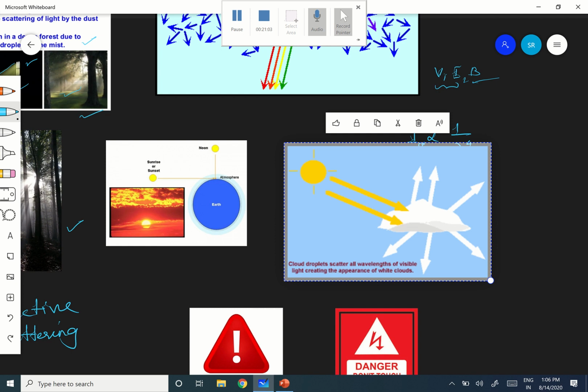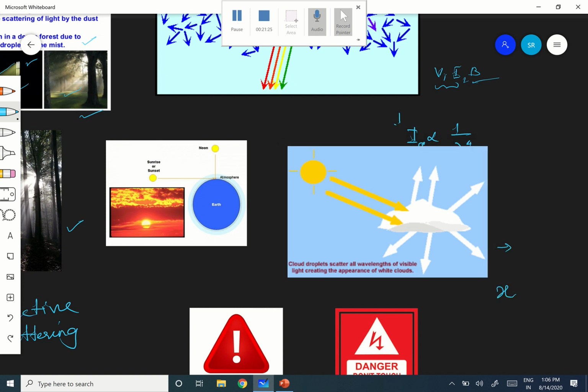At lower height there are lots and lots of dust particles, water droplets, and even some ice particles, and the size of these particles is very big. The lower atmosphere is filled with dust particles and water droplets whose size is very much larger than the wavelength of the light.